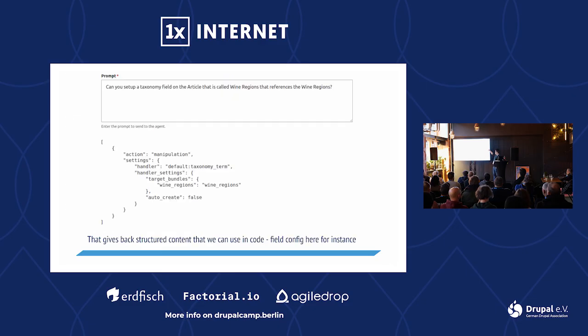Then basically you can try to send this in, and you get some output. And anyone who has ever looked into the config files for field config would probably recognize this. So this is what it has output, an actual config for a field.